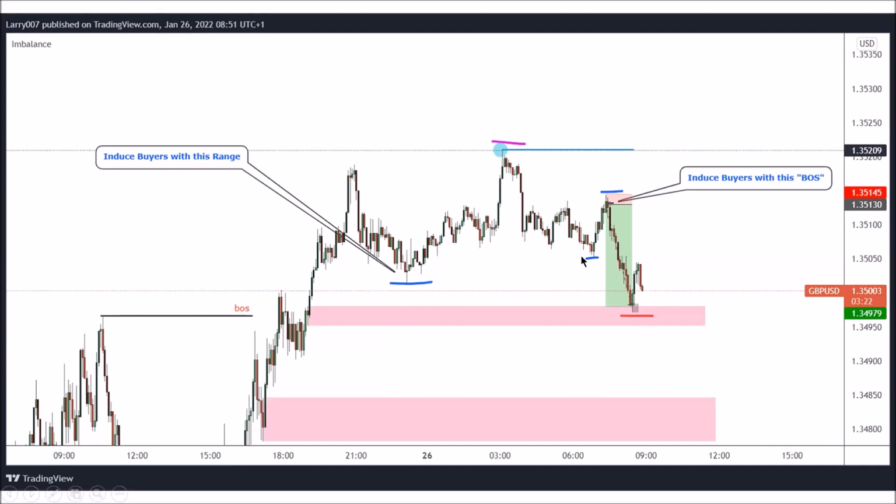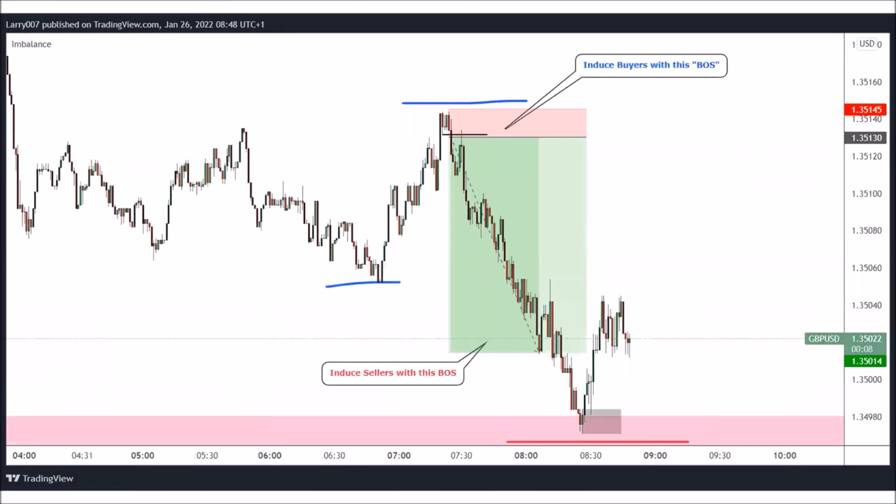When I get a move like this, for me, it is time to sell, to target. When people want to buy, when they have a confirmation, so people are induced to buy with this breakout structure, for me, it is time to sell. I'm looking for a sell, and by the time it gets to your order block for buy, I'm already selling, like the algorithm.